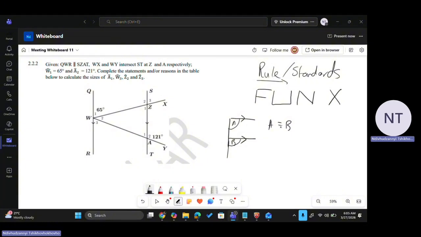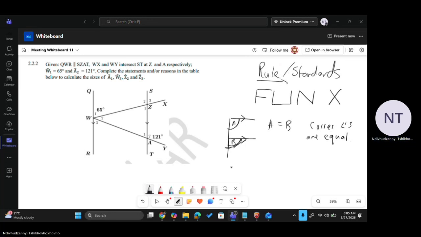If you have parallel lines and it forms the shape of F, and within that F shape, here and here, those two angles are equal, then what would be your reason for that? You call this corresponding angles are equal.